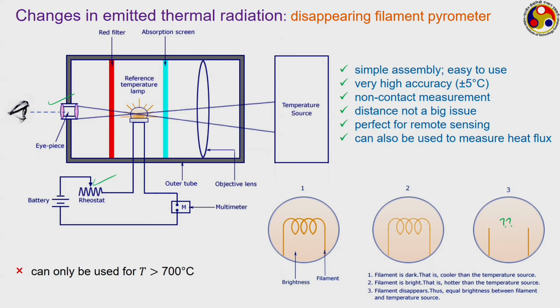But the problem is that as we are looking for visible emission from the filament itself, we need to go for very high temperatures. The filament can emit light only when its temperature goes above 700 degree Celsius. So, we have to breach this temperature range to make use of this pyrometer, and it is not suitable for continuous measurement. But it is a very useful optical pyrometer from the measurement point of view when we go beyond this temperature range.